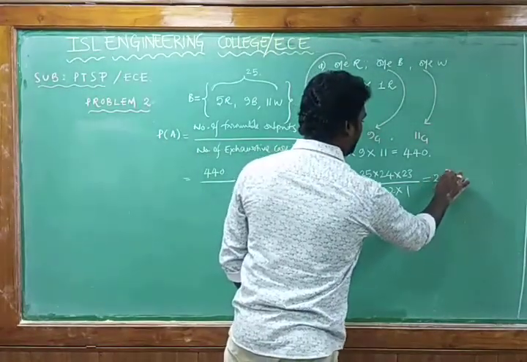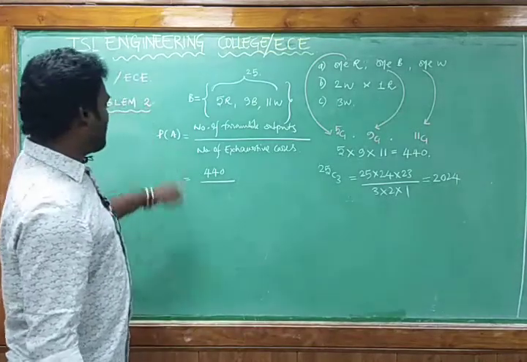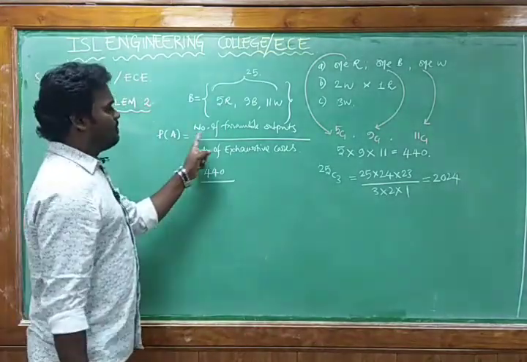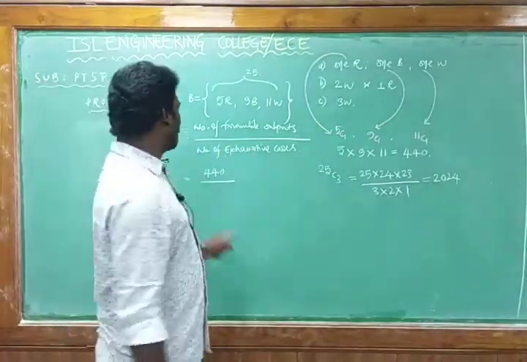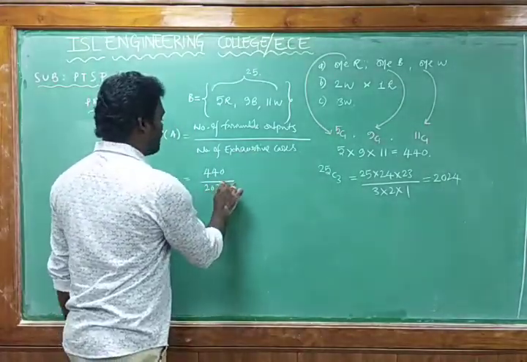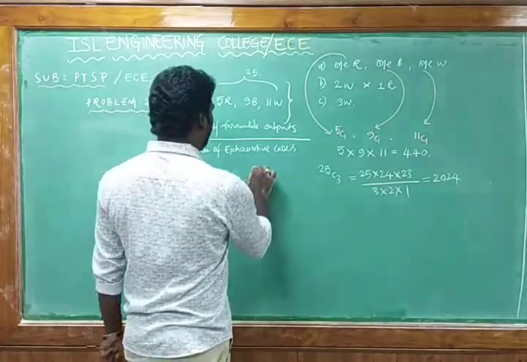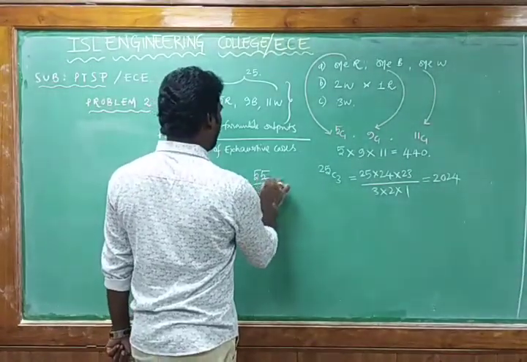According to the probability formula, the number of favorable cases is 440 and the number of exhaustive cases is 2024. If you simplify this, the answer is 55 by 253.